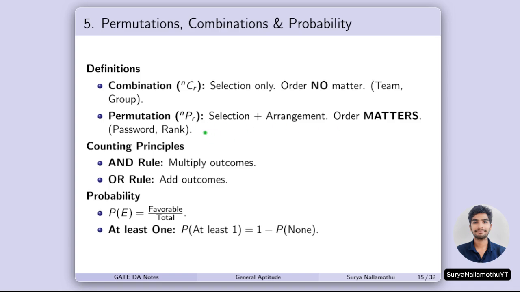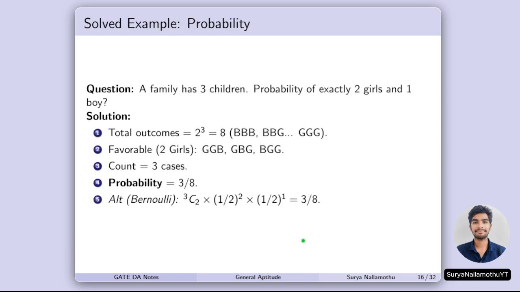Here I didn't include any formulas, just remember these things. Selection plus arrangement is the case where we use permutations. For counting principles, the AND rule and OR rule help. For probability, P of A is equal to favorable by total. And at least one is nothing but 1 minus P of none.